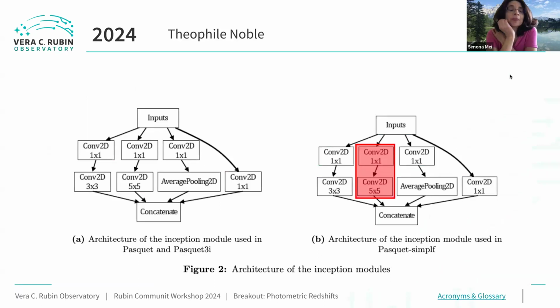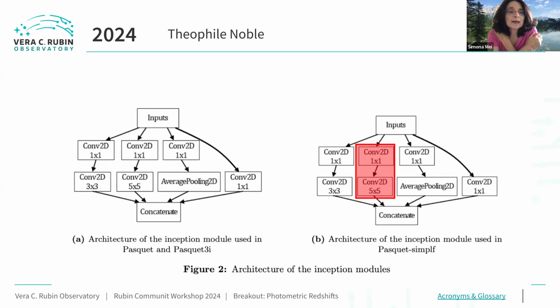And so the architecture of the Inception module using Pasquet is pretty complicated, with several layers of convolutional, average pooling, etc. So what we did with Théophile was to take out some of the modules to see if the network could be more efficient with fewer layers, so that it can go faster and be much simpler to use.